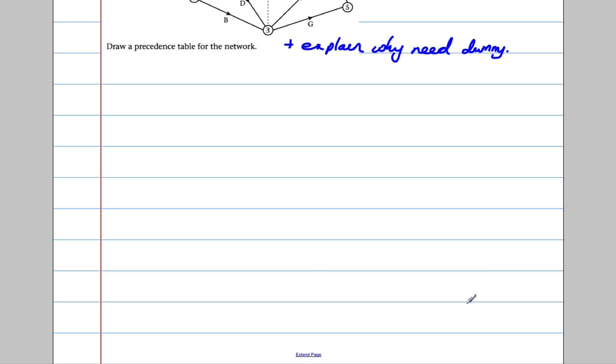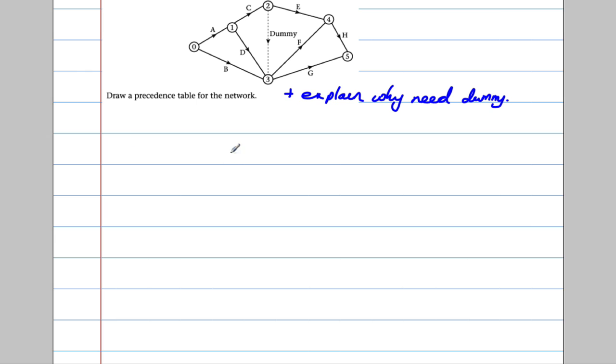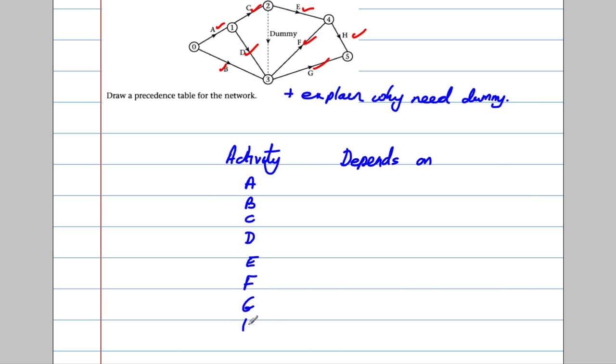We're just drawing a precedence table. So we're going to have our activity here, and we're going to have our depends on column here. And we've got activities A, B, C, D, E, F, G, and H. A depends on nothing.